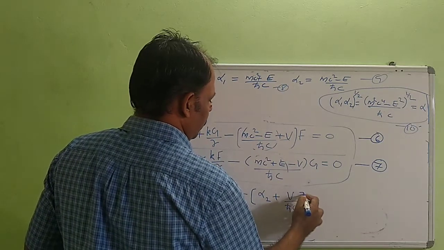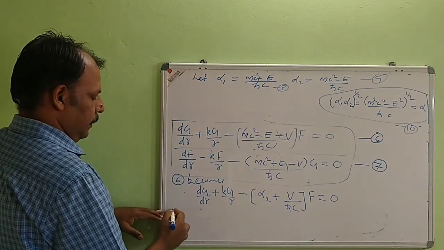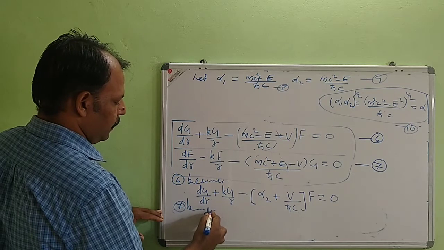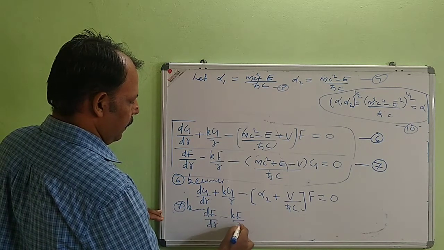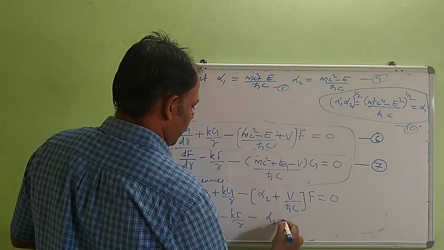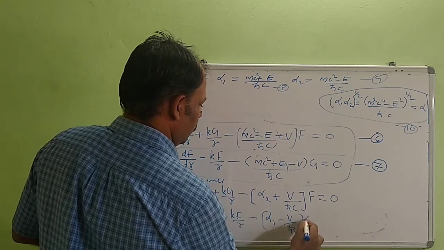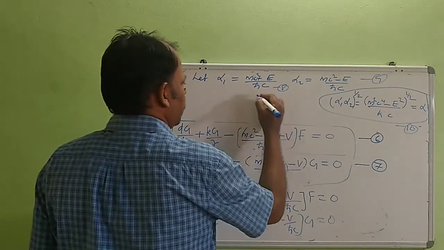So alpha 2 plus v by h bar c, f equal to 0. And equation 7 becomes df by dr minus kf by r minus alpha 1 minus v by h bar c into g equal to 0.